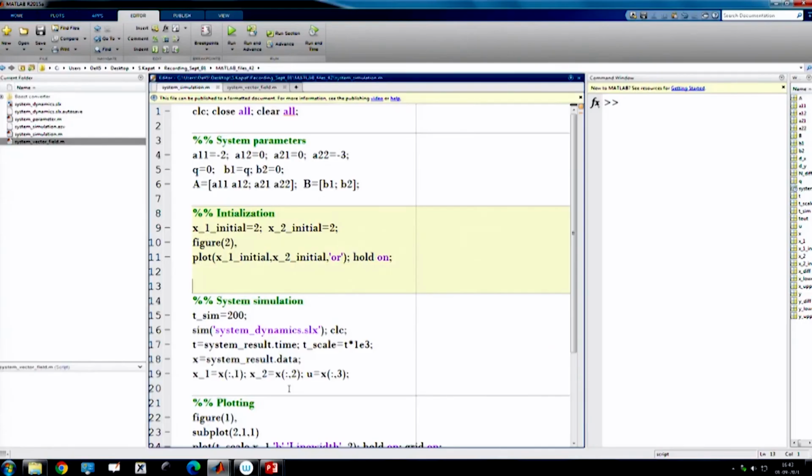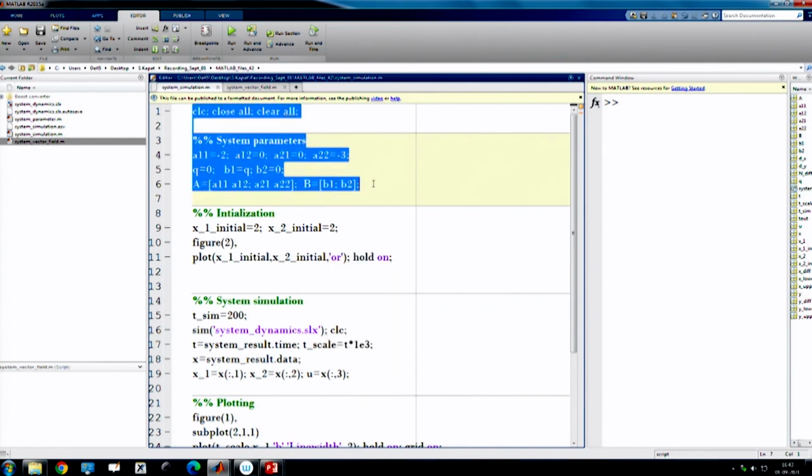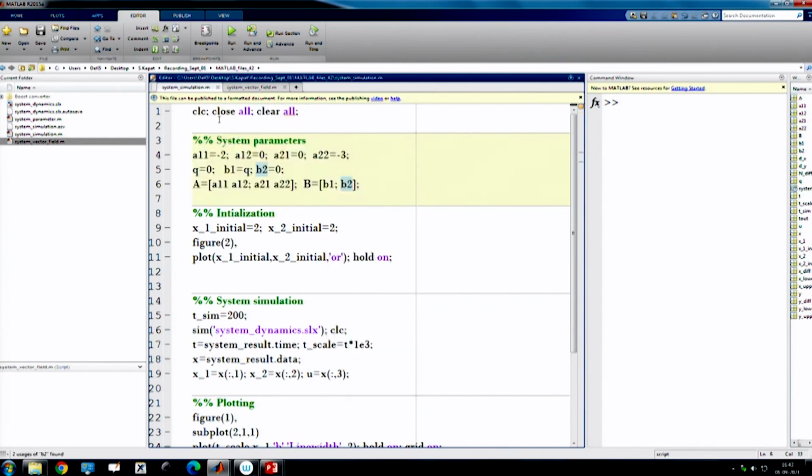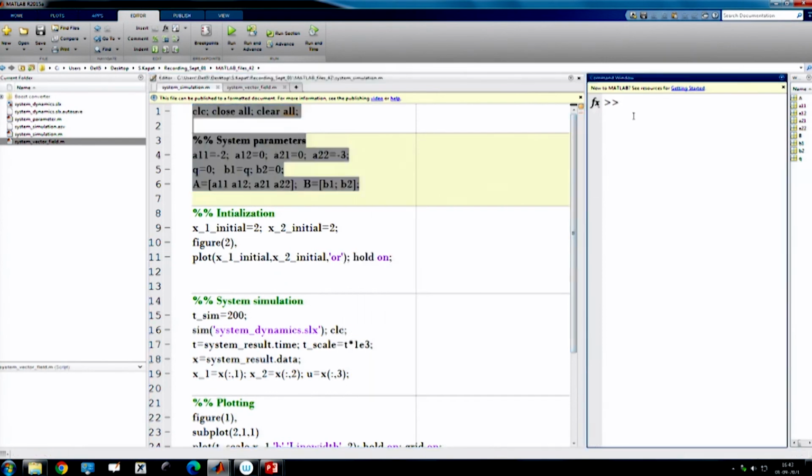So, let us go to the MATLAB simulation. Here we are considering -2, 0, 0. Let us run this and I will show you the A matrix and B matrix. What is our A matrix? -2, -3, and what is my B matrix? 0.